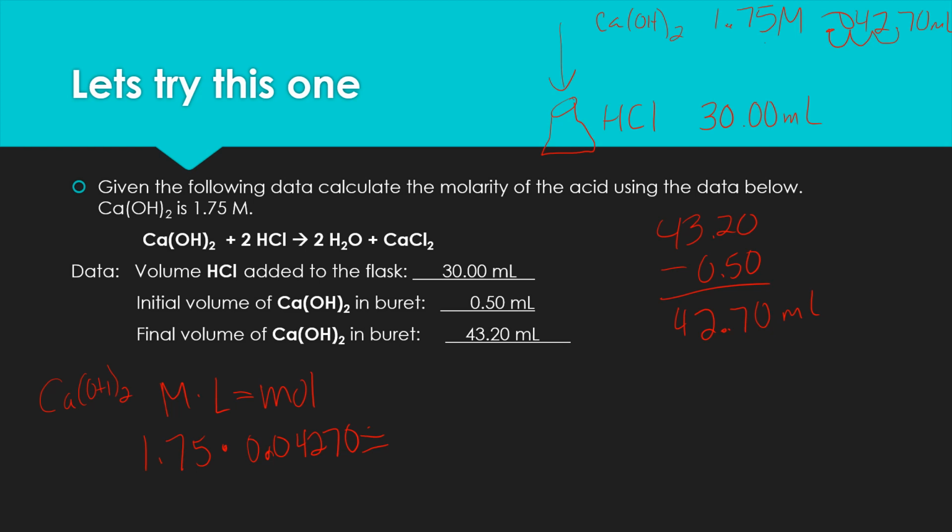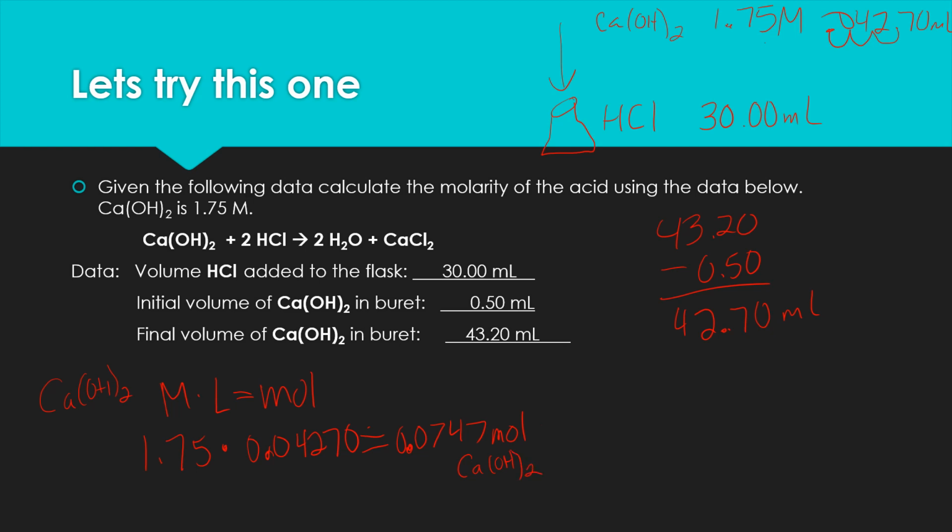So let's go ahead and calculate that. 1.75 times 0.0427 gives us 0.0747, we have 3 significant figures, moles of calcium hydroxide.